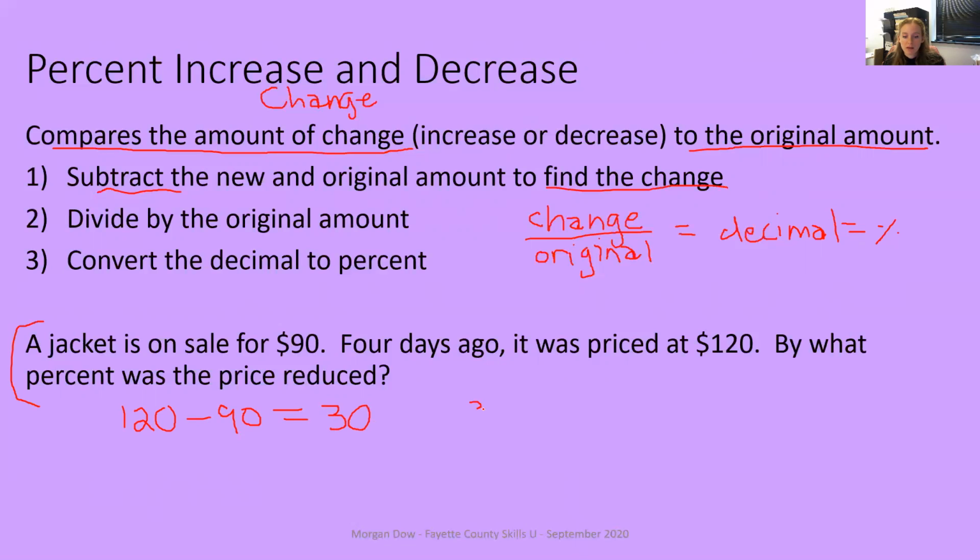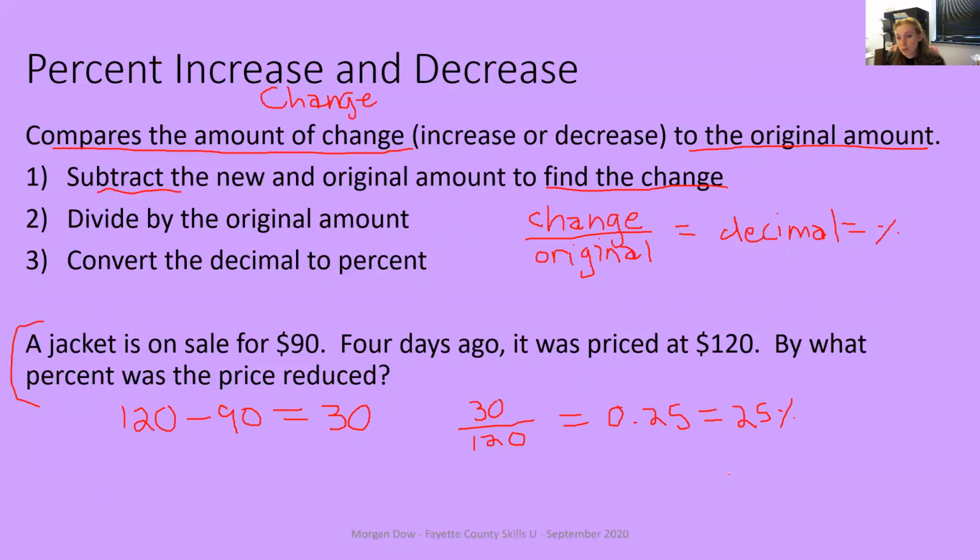And now we want to compare that to the original amount. So originally the jacket was $120. 30 divided by 120 will give us 0.25, which is 25%. So 30 is 25% of 120.